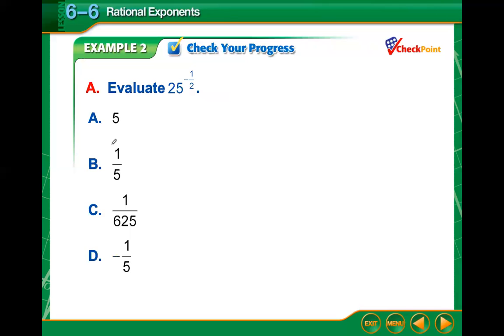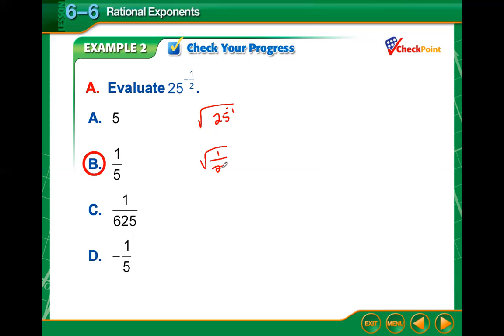So go ahead and evaluate 25 to the negative 1/2. Pause the video. All right, so with this, you should get b, 1/5. Take the square root of 25 to the negative 1, which would get me the square root of 1 over 25.